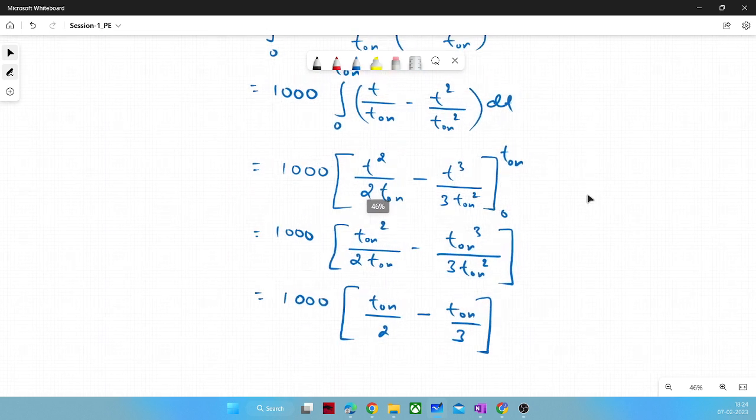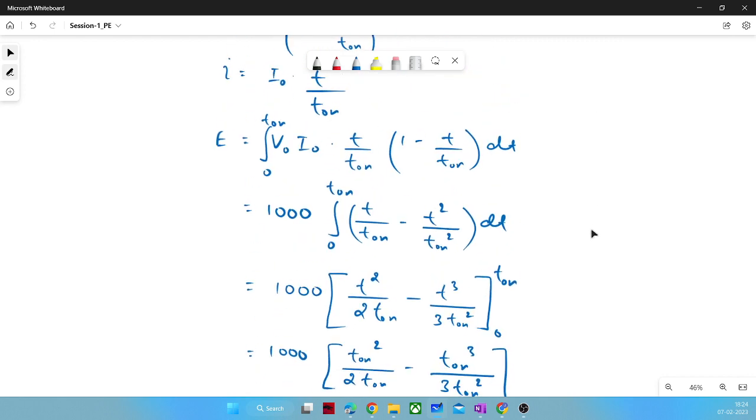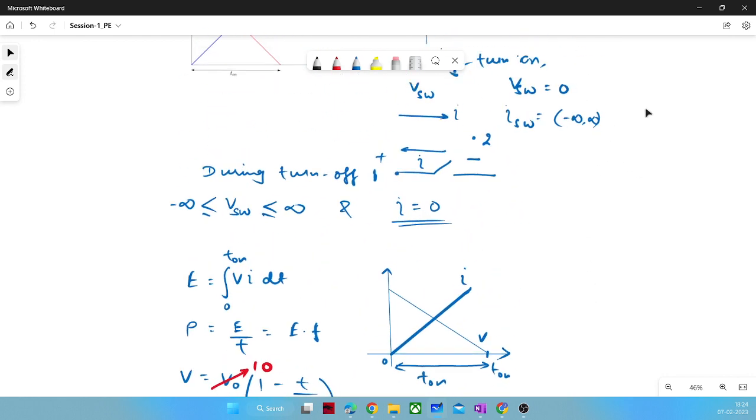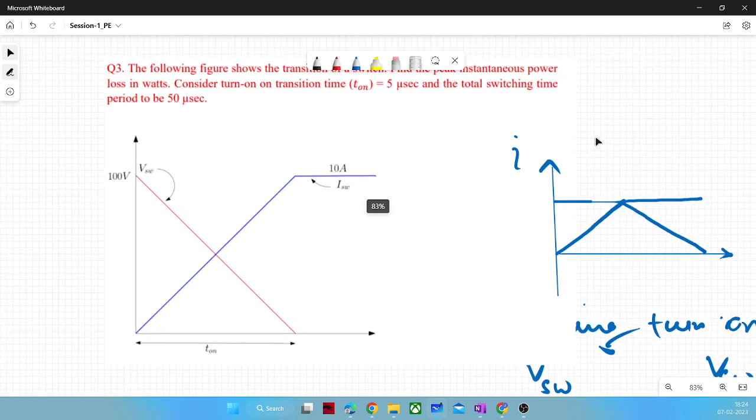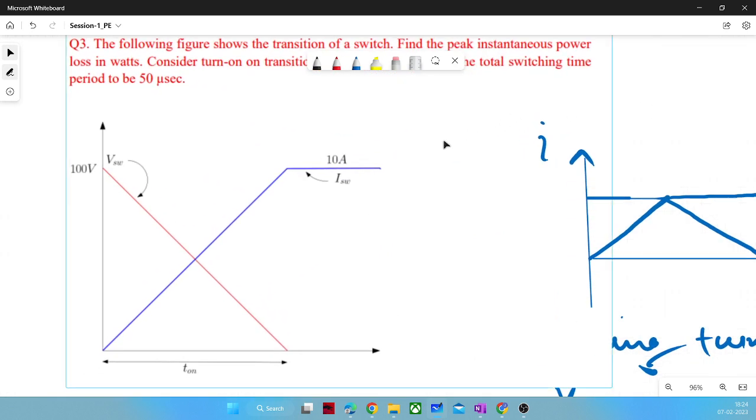How did you get the voltage and current expressions? That was given in the problem, in this graph. Are you able to see the graph? If you try to write down the expression of current, it will be 10 into T by T on.